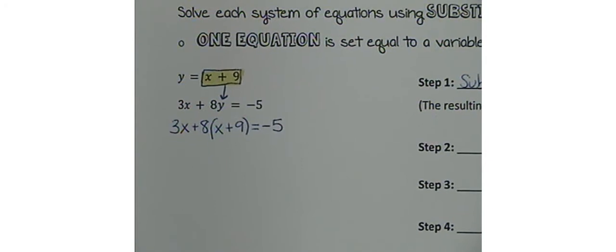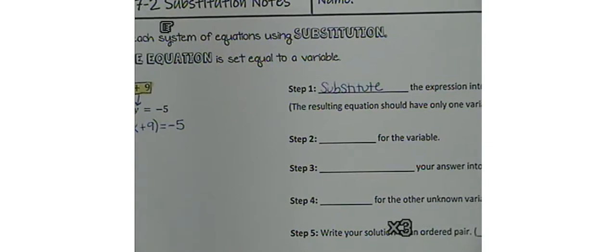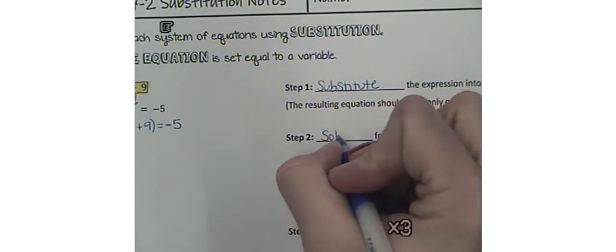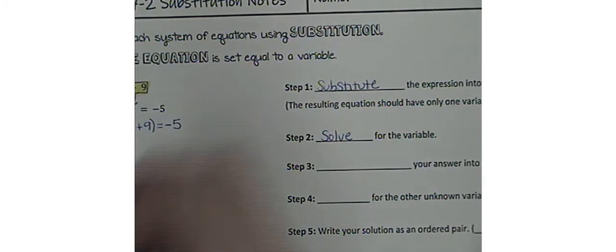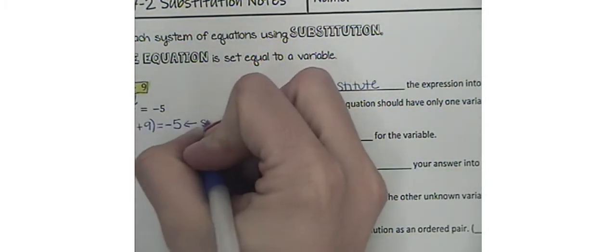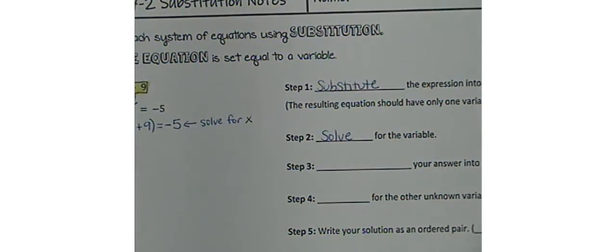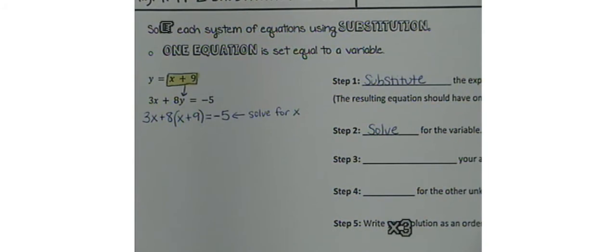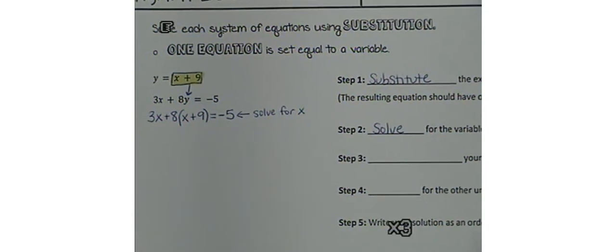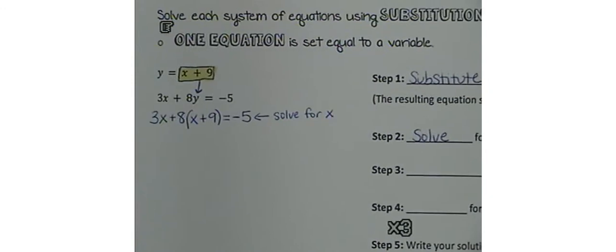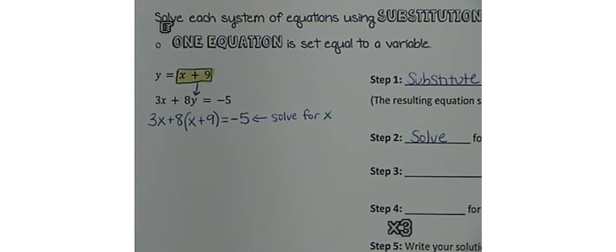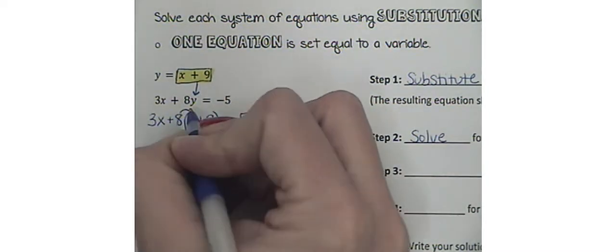Okay? So step 2 over here, we're going to solve for the variable. So in this equation right here, the variable, the letter that we have, is x. Well, from first trimester, hopefully you learned how to solve equations. So solve for x. Now, this is a complicated equation, so it has parentheses, which means I need to distribute. So I'm going to multiply and multiply.